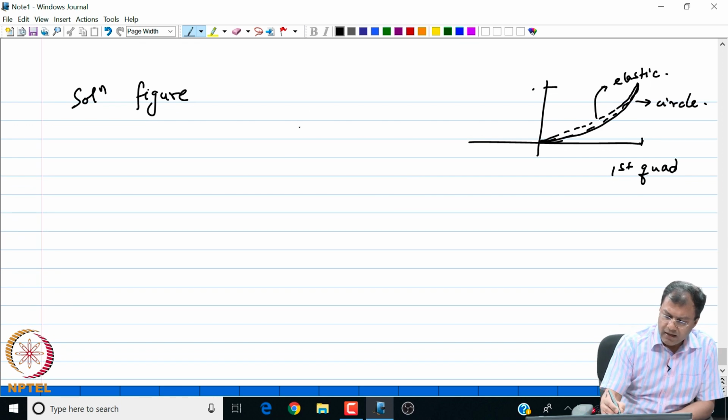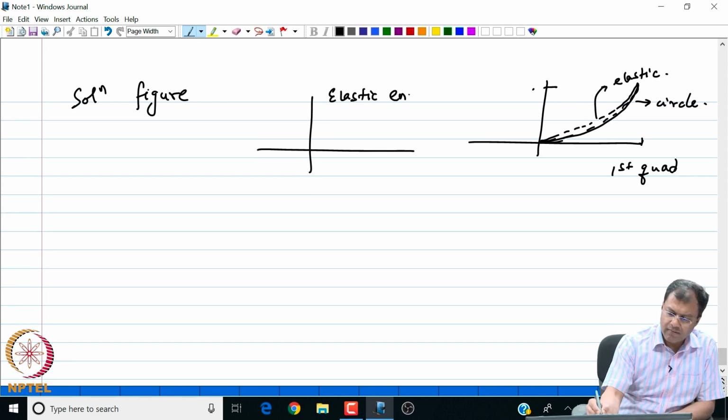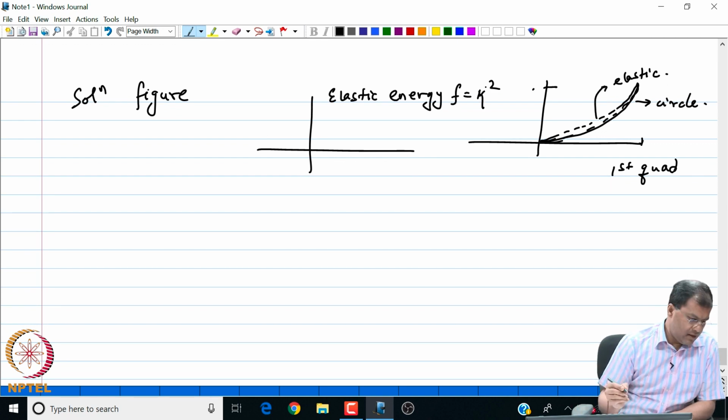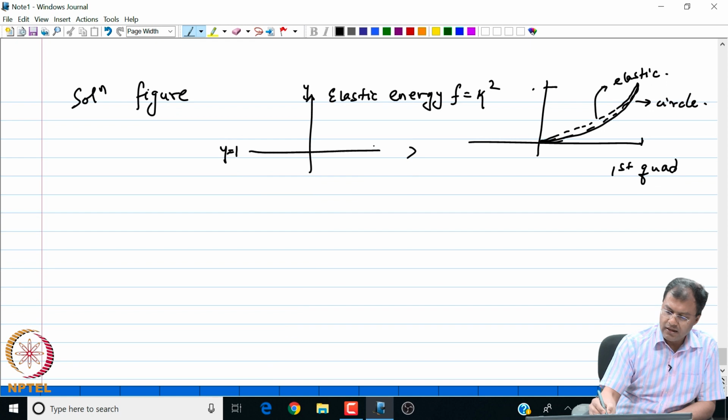But on the other hand, if we plot our elastic energy, which is F, which is kappa square, right. Once we know the solution, we can definitely plot the elastic energy. Now, for a circle, so this is my y equal to 1, the elastic energy lies parallel to the y axis, right.